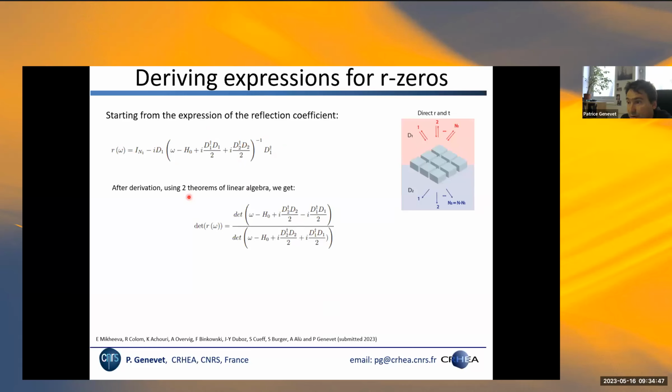I do a little bit of math here just to write it in the format that we like, which is the numerator and denominator, where we can study the zeros of this determinant and the poles. So you have now, with this simple expression, an expression for the zeros and the poles of our metasurface response.